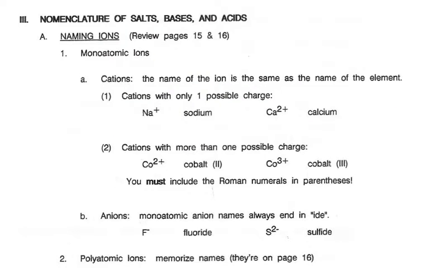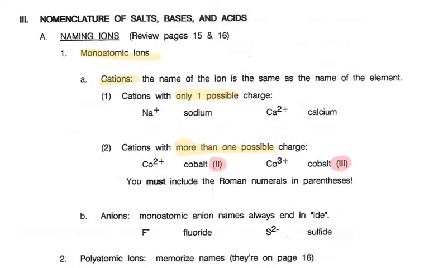So here's a quick reminder. For naming the ions, remember the monoatomic ions are the cations. We have two possibilities. They can be monoatomic and have only one possible charge, or they can be monoatomic and have two possible charges. The ones with two possible charges, the charge will be indicated by the Roman numeral, and so that has to be present.